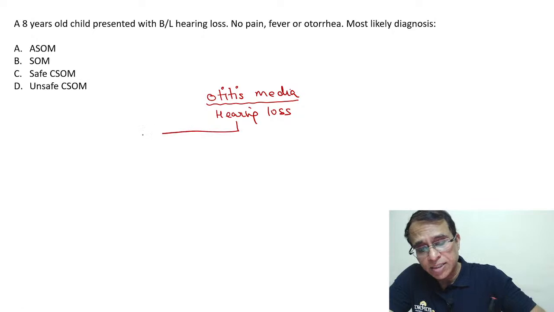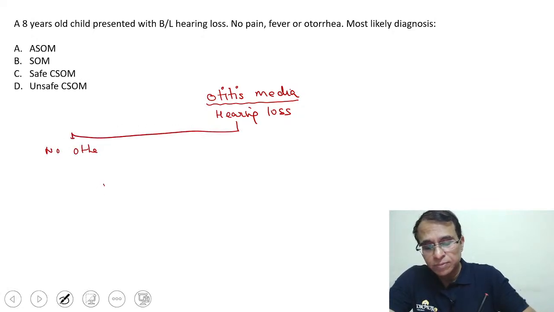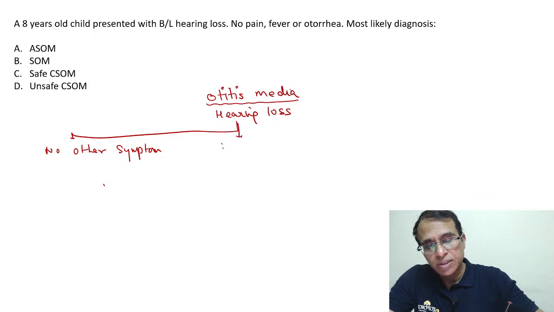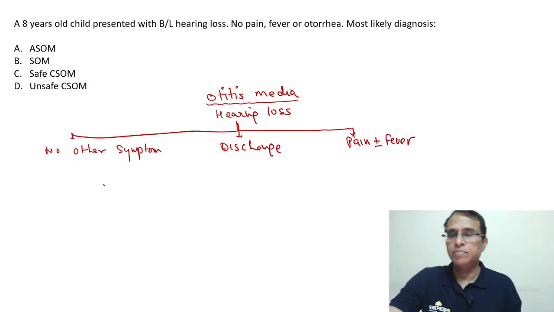If the patient has no other symptom, the patient may have discharge from the ear, or the patient may have pain in the ear. Pain plus minus fever also. With pain, sometimes fever comes.